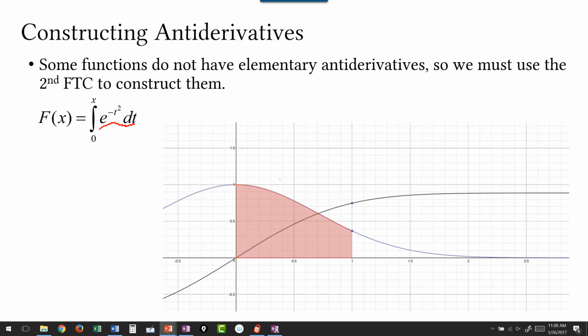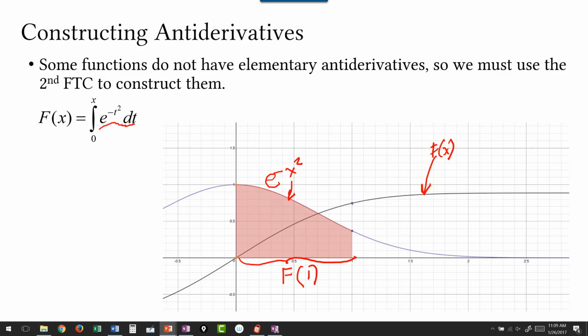Graphically, here's what this function capital F represents. So this is the curve e to the minus x squared, and this is capital F. And remember, capital F is measuring area under little f. So for example, if I take the area under e to the minus x squared from 0 out to 1, that would be capital F of 1.